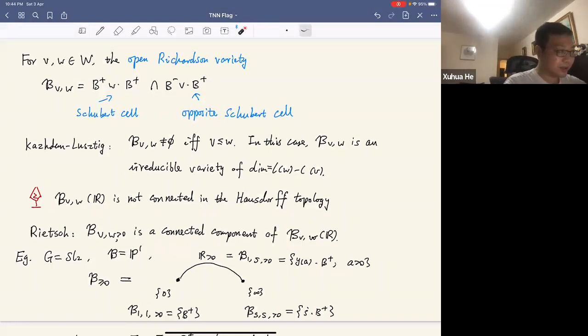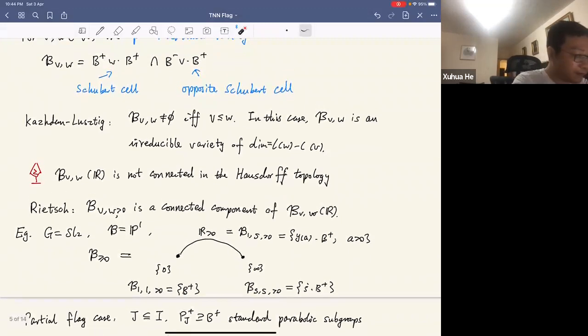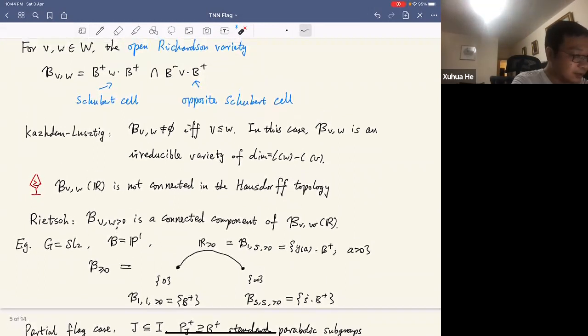And I would like to mention this example, which was also mentioned by Huan Chen in the talk on Tuesday. However, I would like to recall this.